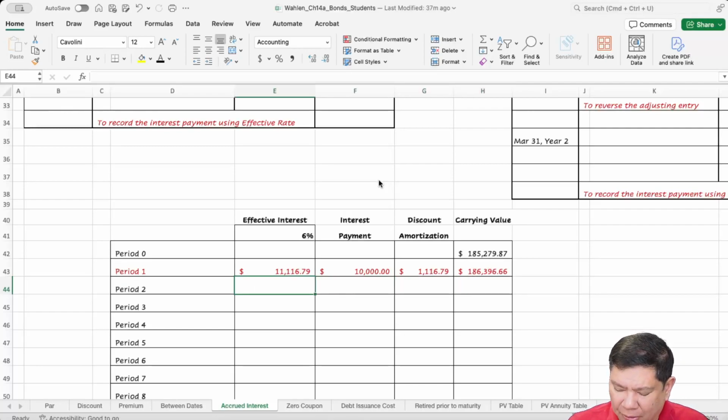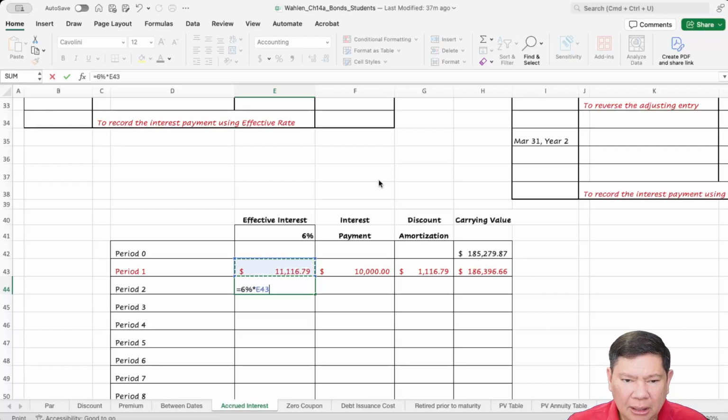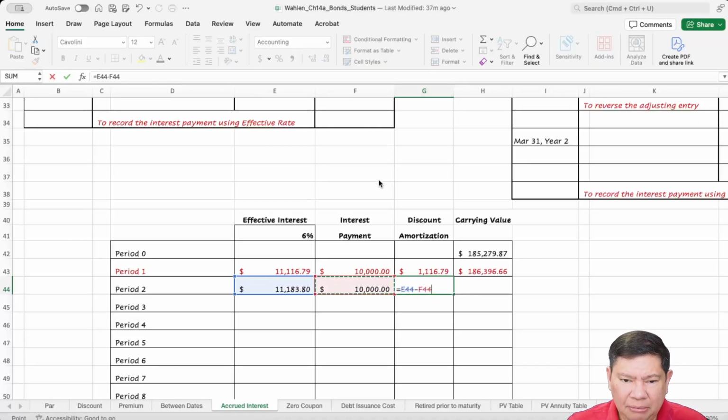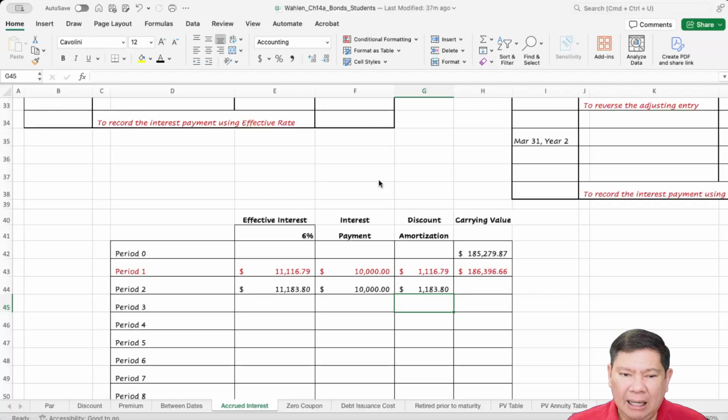Then we can do that for the rest. 6% times the carrying value. The interest payment will always be $10,000 because that's our promise with the coupon rate, and discount amortization is the difference between effective interest and the interest payment. And you remember, with bonds issued at a discount, the interest expense is higher than the interest payment.